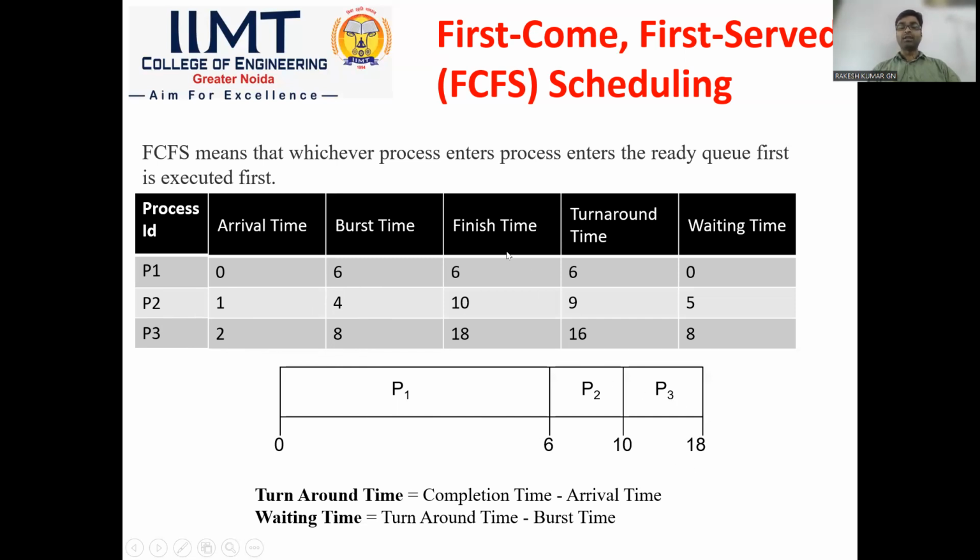The finish time, or completion time, is the right side of a particular process in the chart. Process P1 has completed, or terminated, at time 6. So the finish time, or completion time, for process P1 is 6, for process P2 it is 10, and for process P3 it is 18.